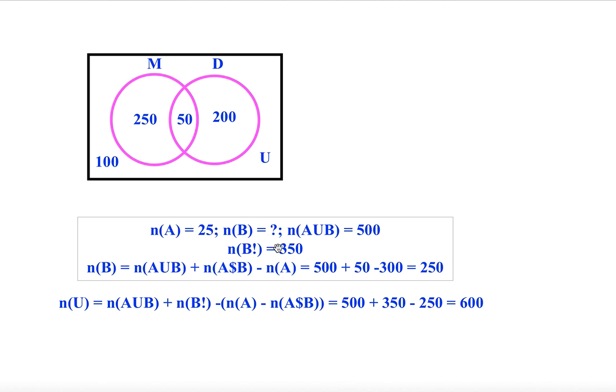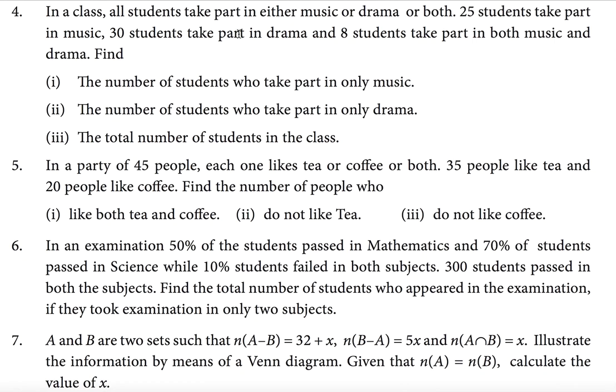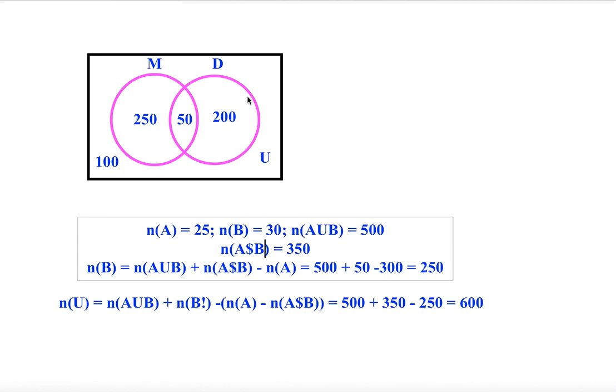30 students take part in drama, so N of B is 30. N of A intersection B is given, right? Okay, this we can change to A intersection B. How many members? N of A intersection B is 8. 8 students. Fair enough. Now you can find N of A and B, right?